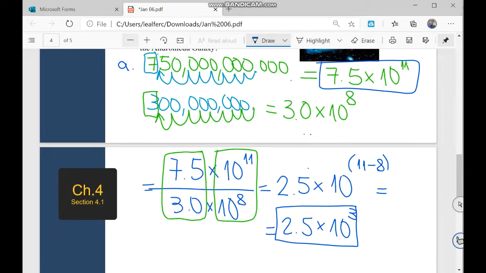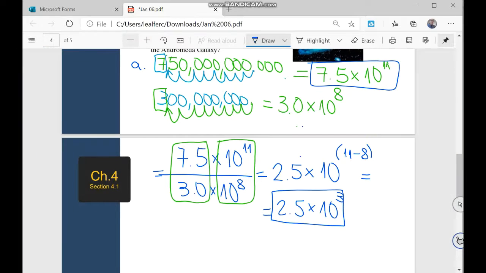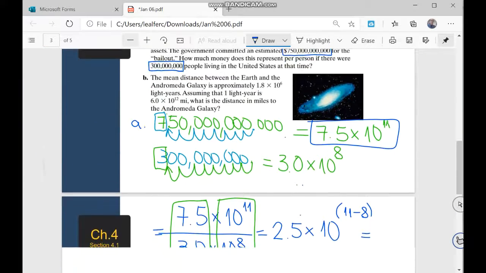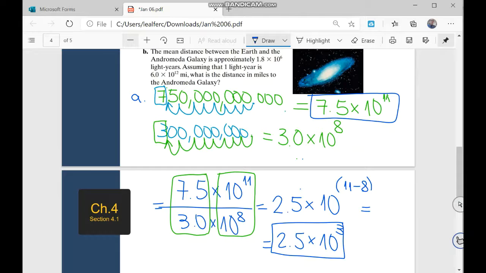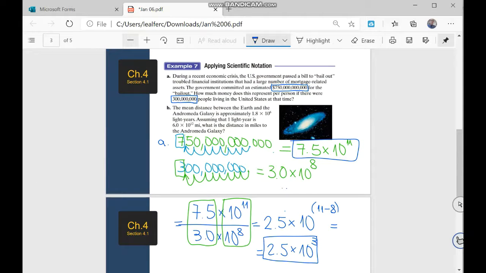And this example here is for large numbers. We can also apply it to solve problems with very small numbers. Interesting. And there's another thing that is even more interesting. You can also use your calculator.